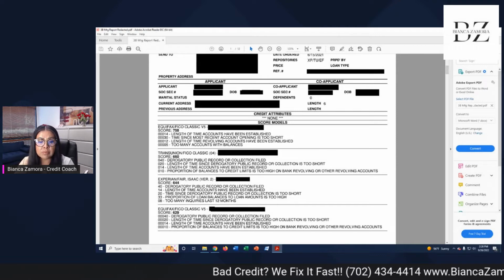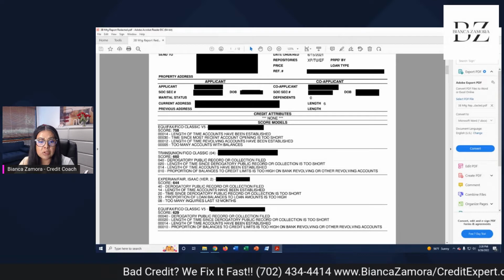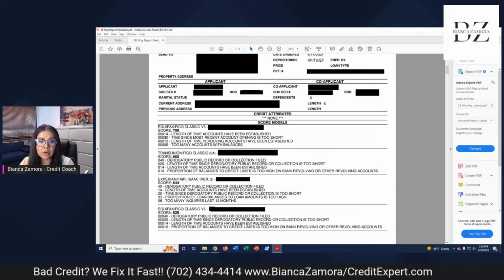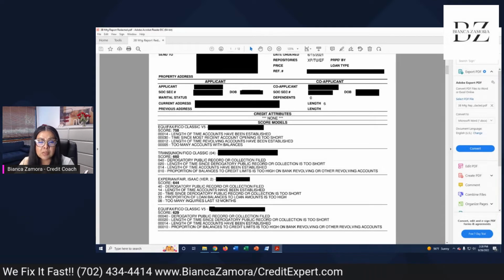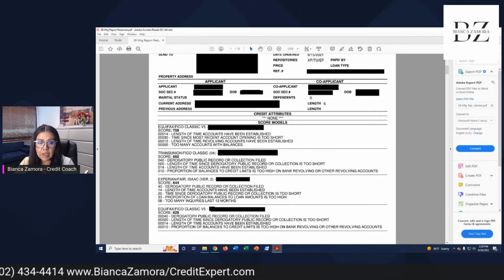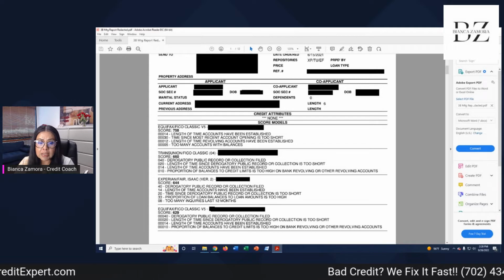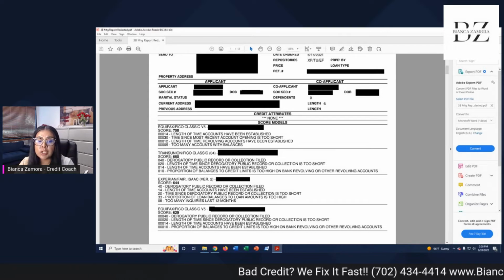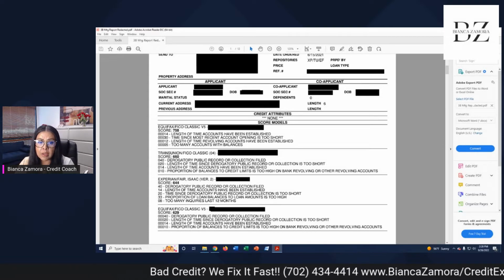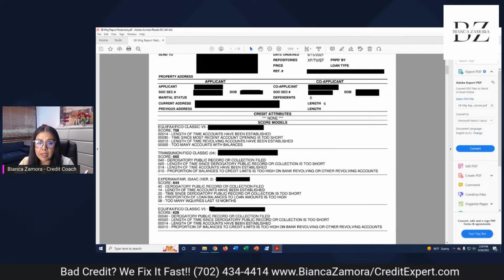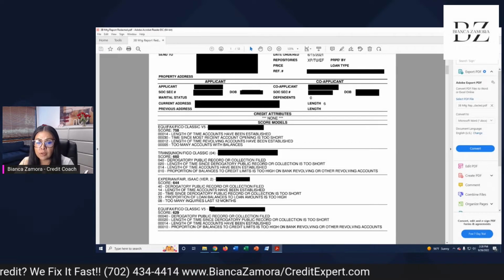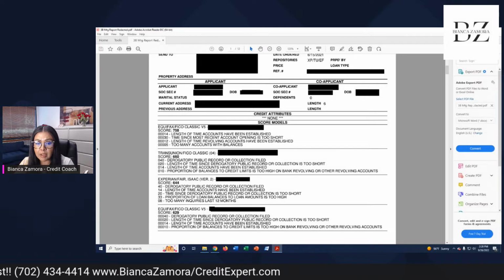So if you look at this particular screen here, you're going to find that the lender pulled an Equifax Classic version 5, a TransUnion Classic version 4, and an Experian version 2, okay, for the applicant. And then the same types of scores for the co-applicant are listed a little bit below.